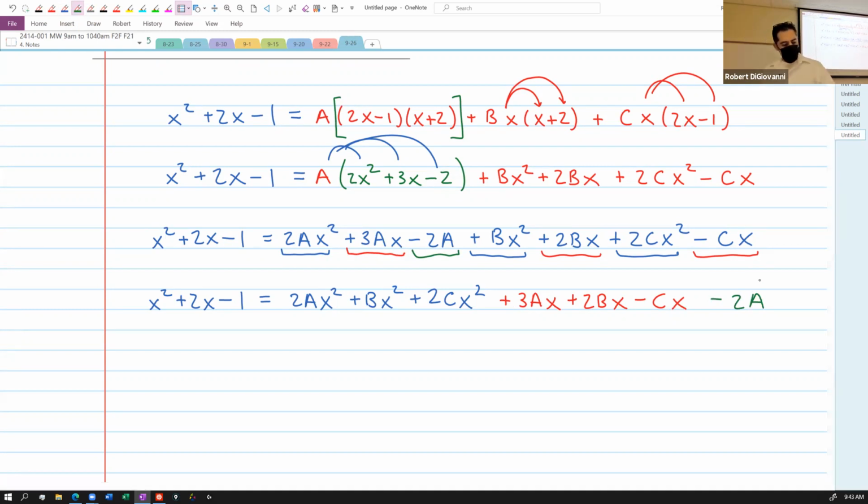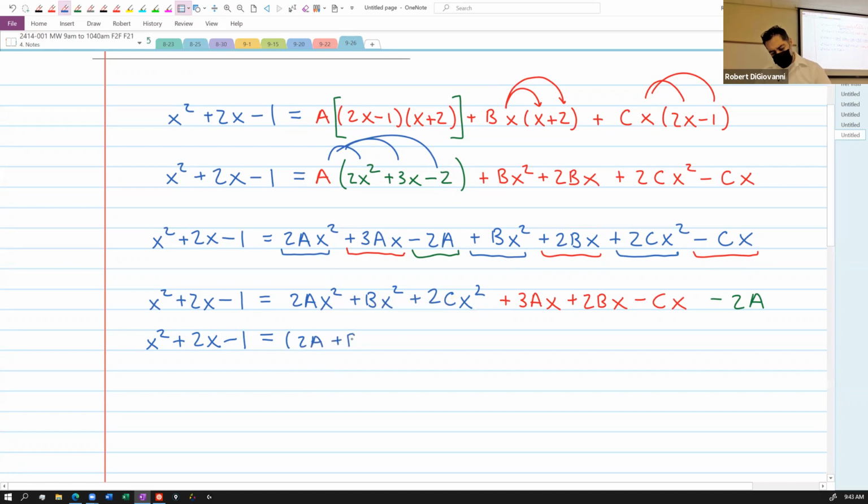One more step, and then we'll be able to do the cool stuff. So now we're going to look at everything that was in blue there on the right-hand side of the equal sign. They all have an x squared, right? So we're going to factor an x squared out of just these three. Normally, when we factor, we pull things out front, right? I'm going to do it opposite. I'm going to pull it out to the back, and you'll see why.